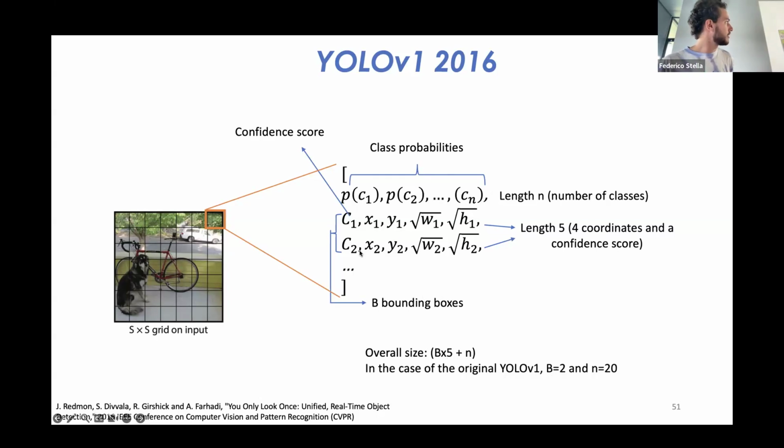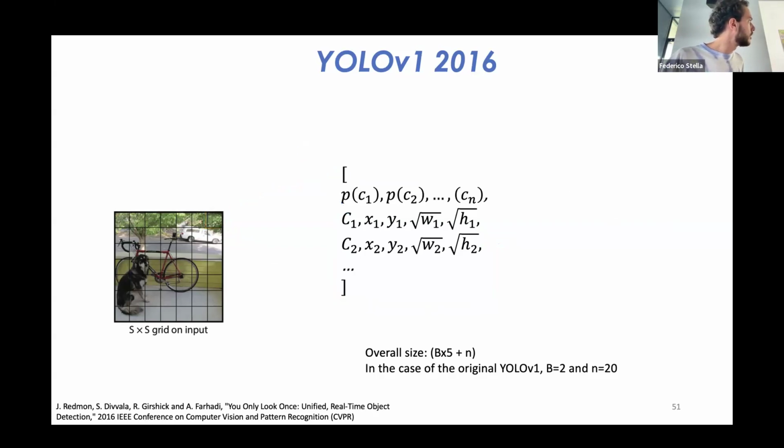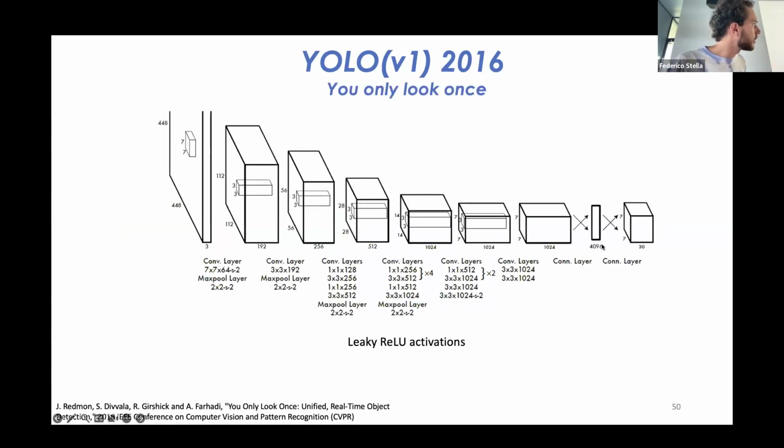And they do this 30-long output for every grid cell, and it's an S by S grid. S by S in the case of YOLO is 7 by 7. You can do it at higher resolution if you want. In the previous slide you see the output is 7 by 7 by 30. It's exactly this.